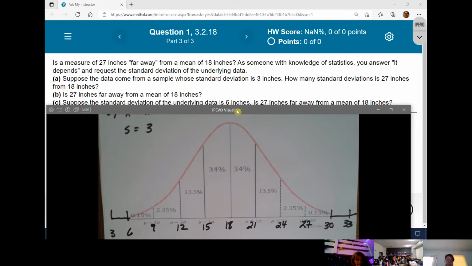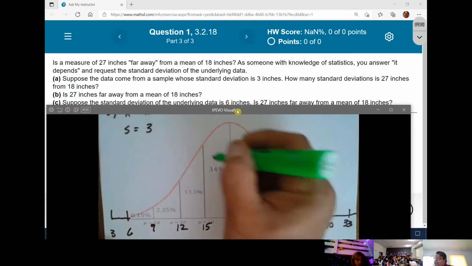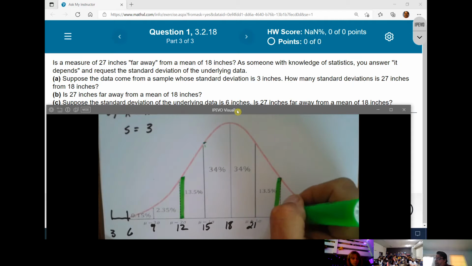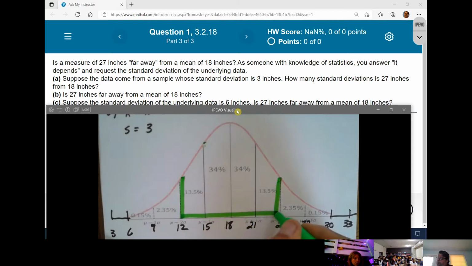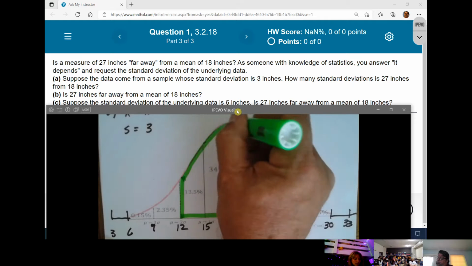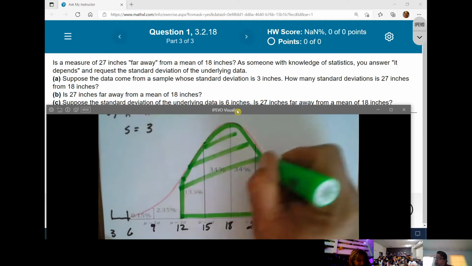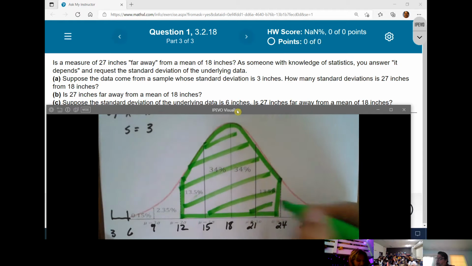So let me take my colors, because this is what I showed y'all time and time again. 2 standard deviations is what? Normal. So from 12 to 24 is normal.